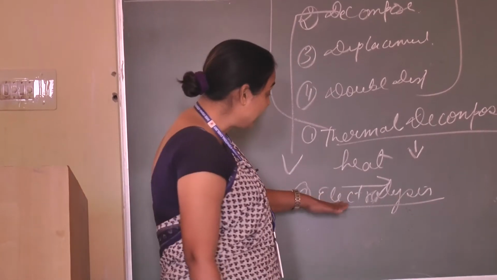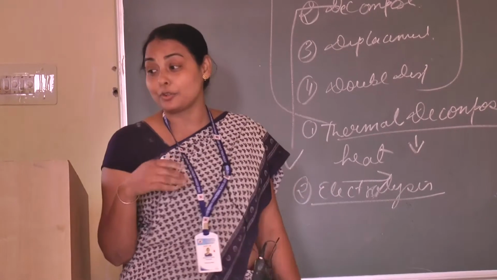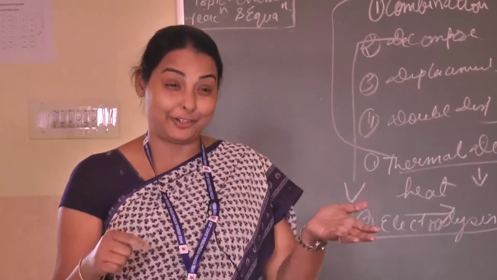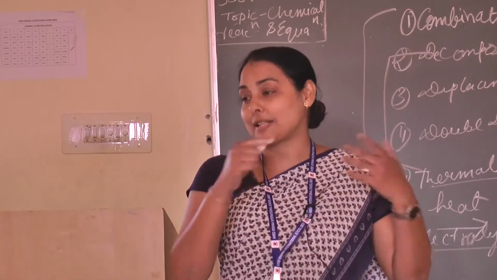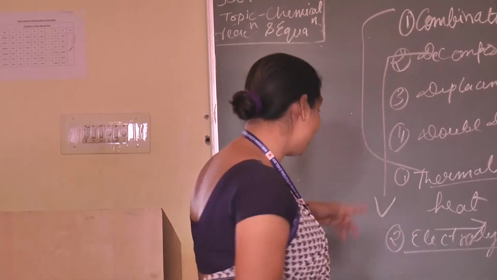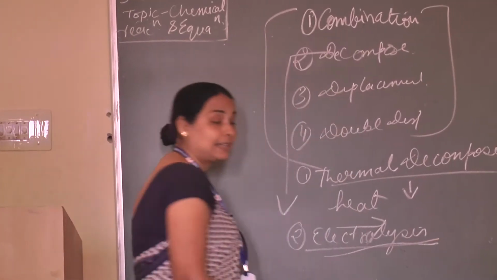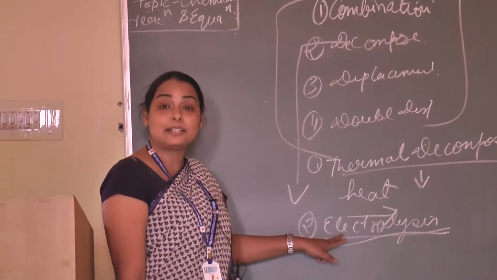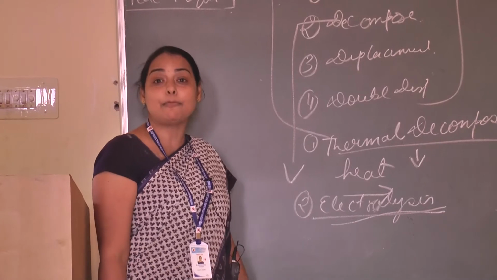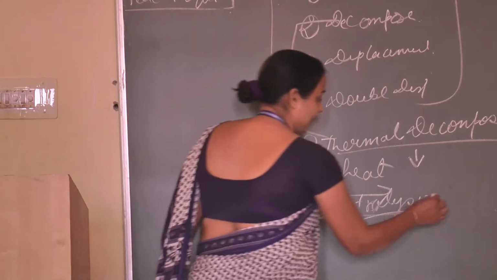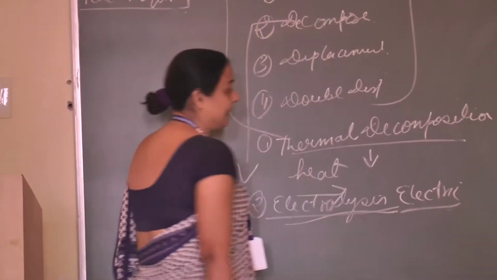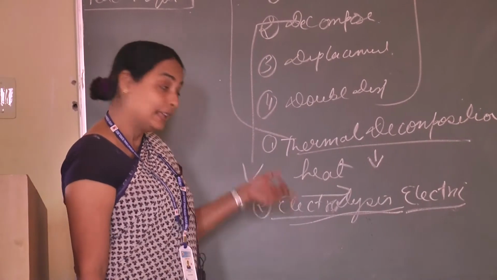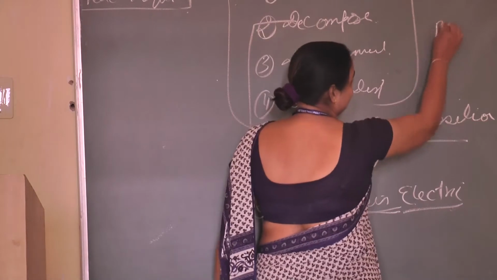Now this word electro, what is the meaning? When this word electro or electric comes, we know it means passing of electric current. So electrolysis takes place in the presence of electric current. Then comes photolysis.